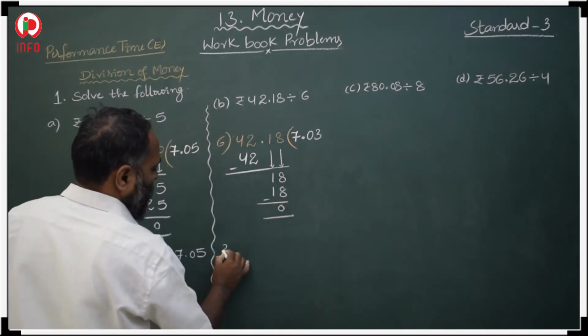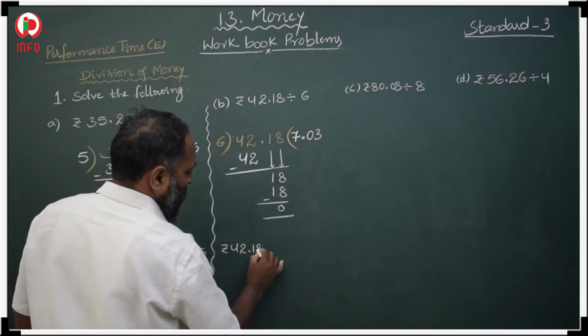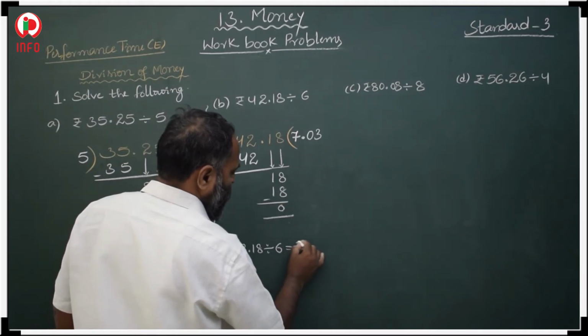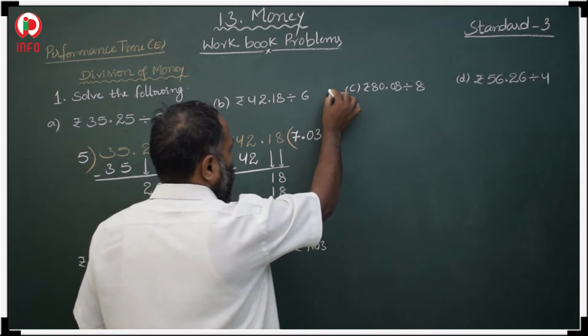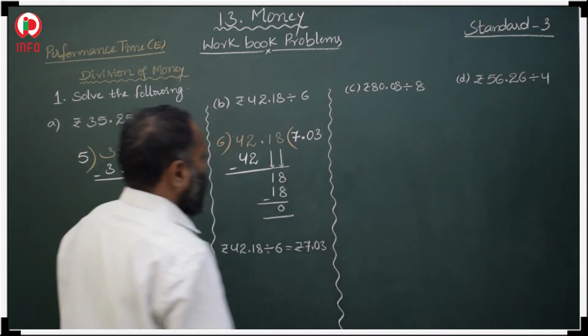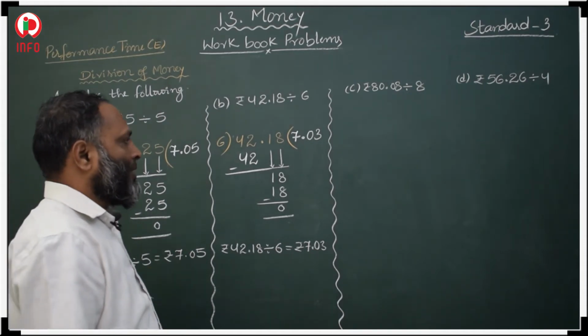So if we divide 42 rupees 18 paisa with 6, the answer is 7 rupees 3 paisa. Okay. This is our second question solution.